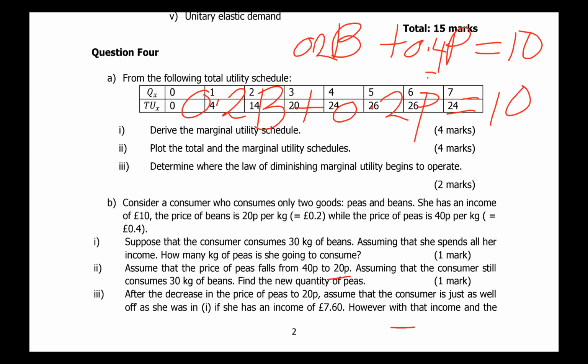So what are we doing? We are asked to assume that the consumer still consumes 30 kgs of beans, meaning it has not changed on B. It's still 0.2 times 30 kgs of beans plus 0.2P equal to 10.